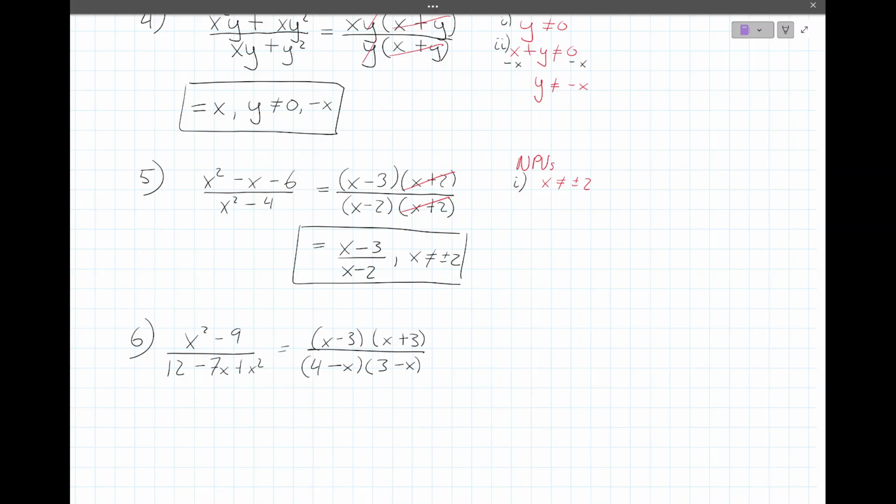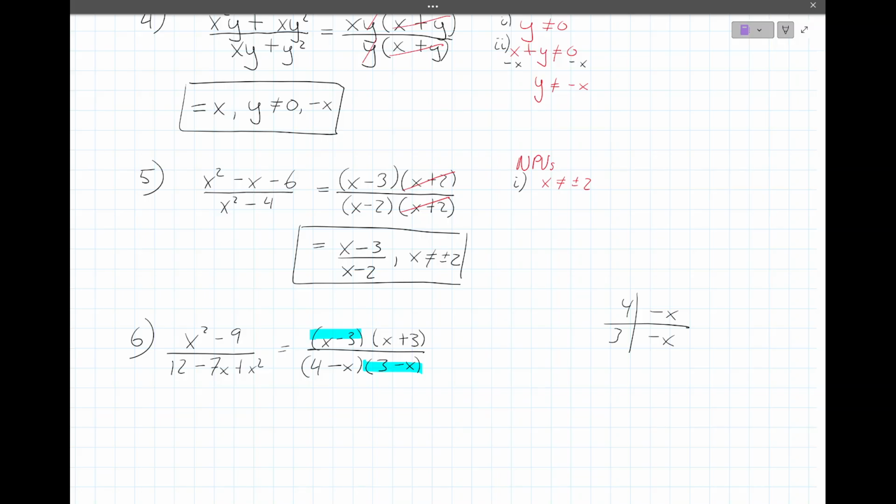If you're unsure how to factor that, come talk to me. You can do it several ways, but you can use the box method as well for that one, right? 4 and 3 are going to make 12. I know I'm going to have negative x and negative x on the back there. Now, in this case, though, I don't have a pair of matching factors, right? This and this are not the same. But what I can do is GCFs of negative 1.